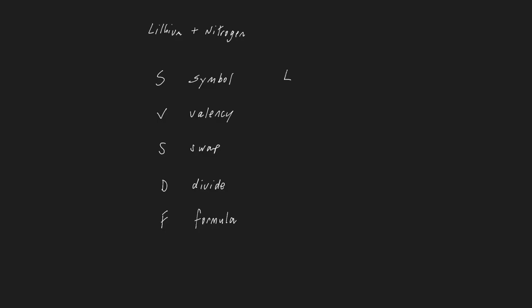Li for lithium and N for nitrogen. Those are the symbols. Lithium, valency 1, nitrogen, valency 3. Swap the valencies. Divide, and you will notice it is already the lowest whole number ratio. Finally, the formula.